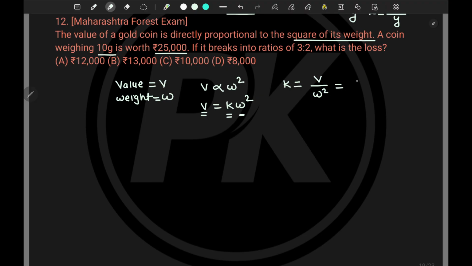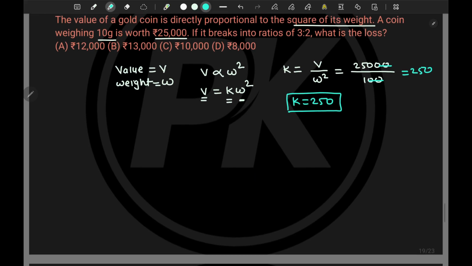And what is the value? 25,000. And what is the square of weight? The weight is 10 grams, so the square of weight is 100. Now from this, two zeros got cancelled, that means 250. And hence the proportionality constant value is 250.